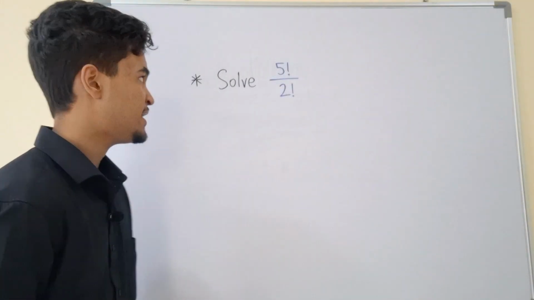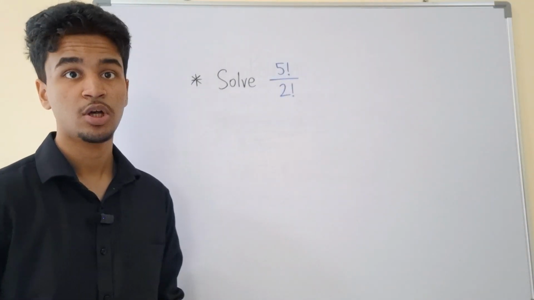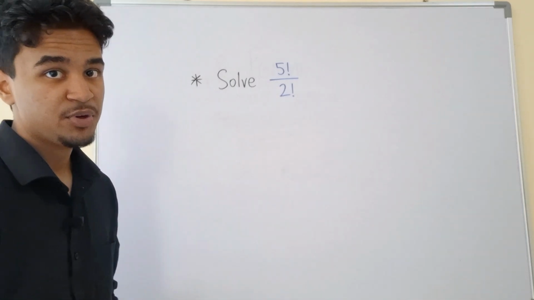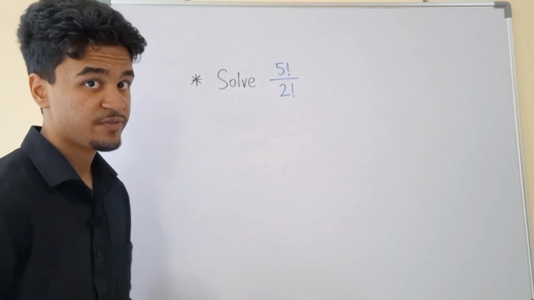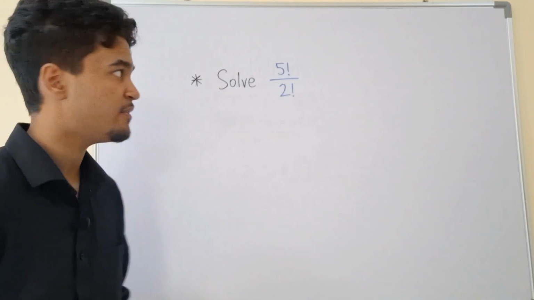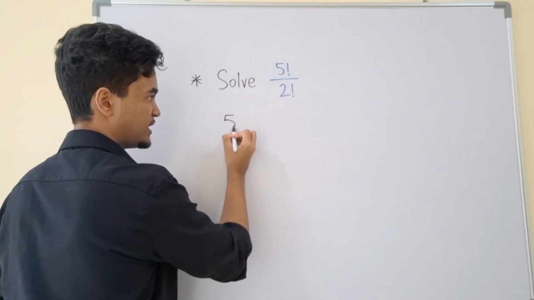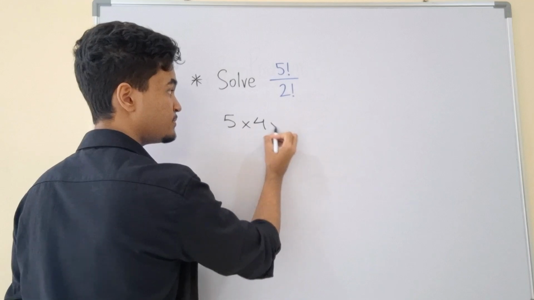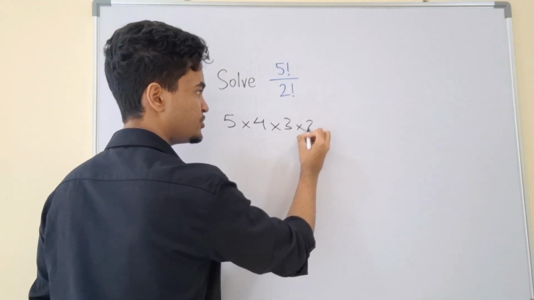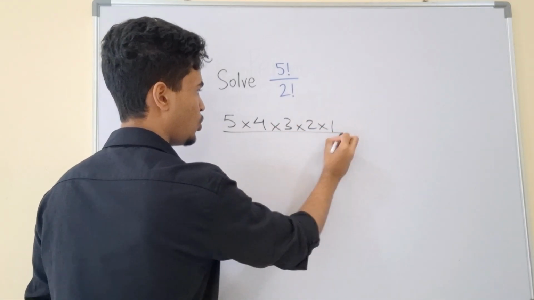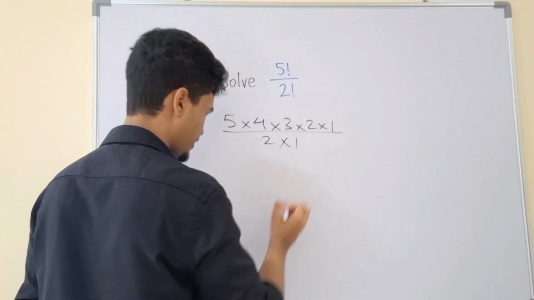The question here asks us to solve 5 factorial over 2 factorial. The way you're going to tackle this question is to first simplify everything you have. 5 factorial over 2 factorial is 5 times 4 times 3 times 2 times 1 over 2 times 1, correct?